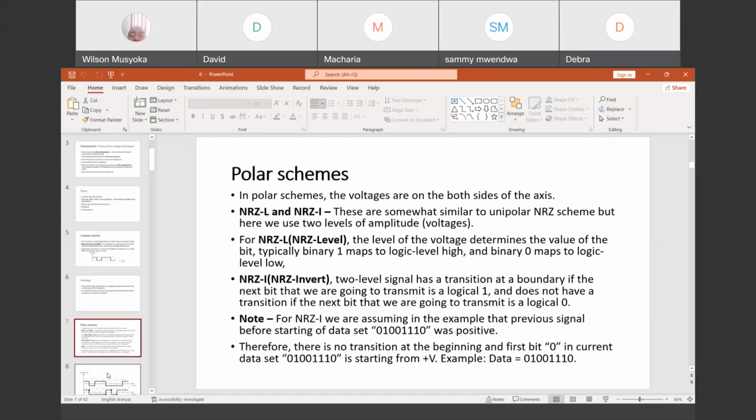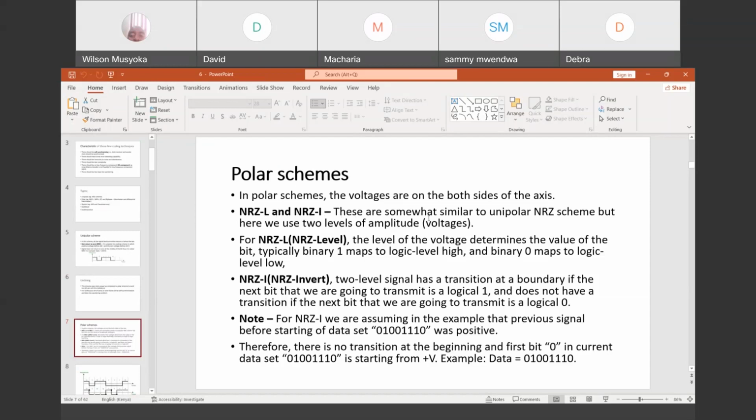These other schemes are going to operate on both sides of the waveform, or they will be above and below the zero level of the waveform. These polar schemes normally take both sides of the axis, and we have the non-return to zero level and non-return to zero inverted as the first two.